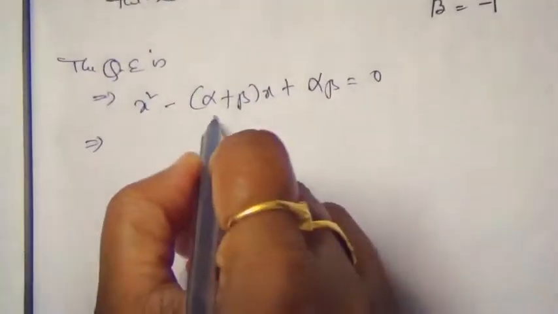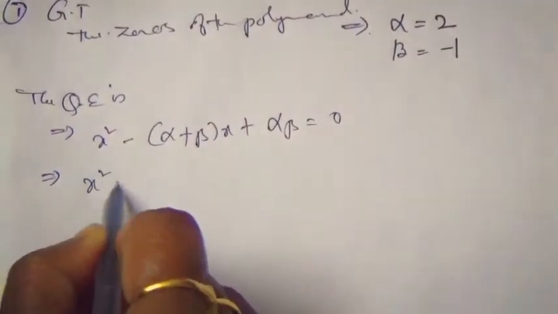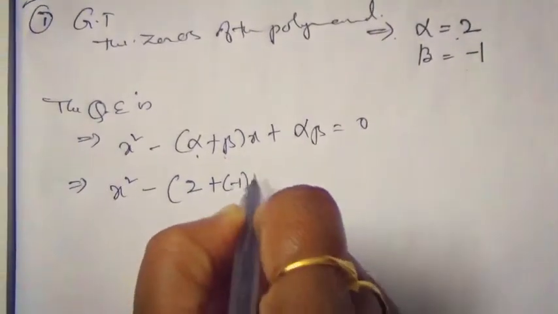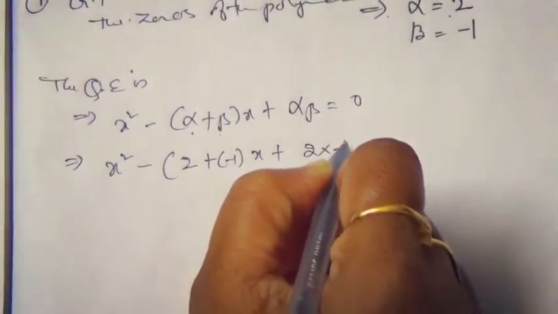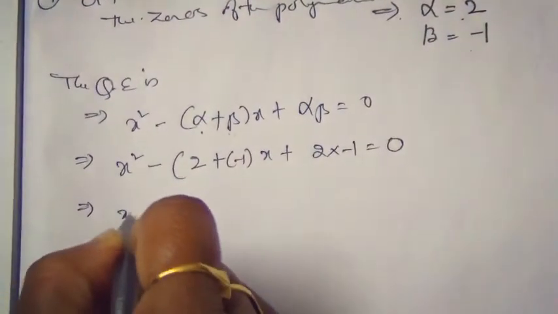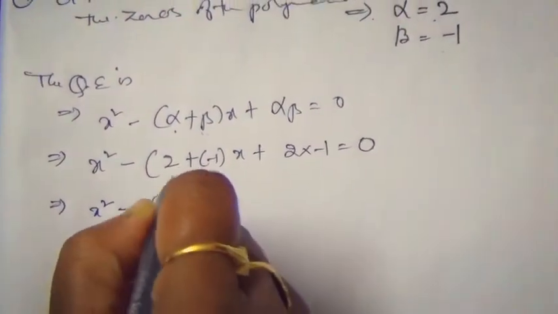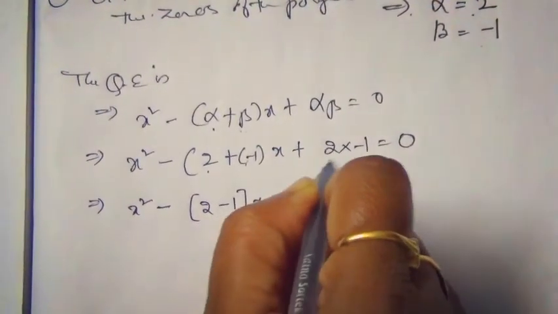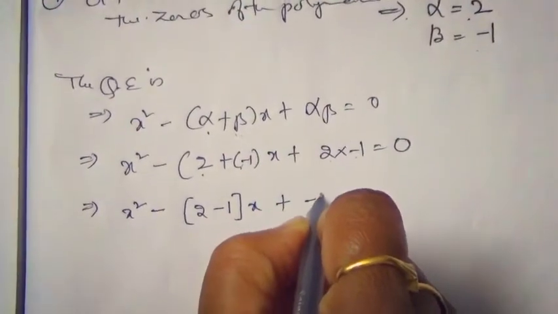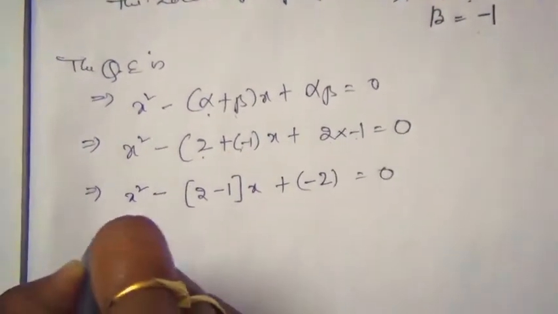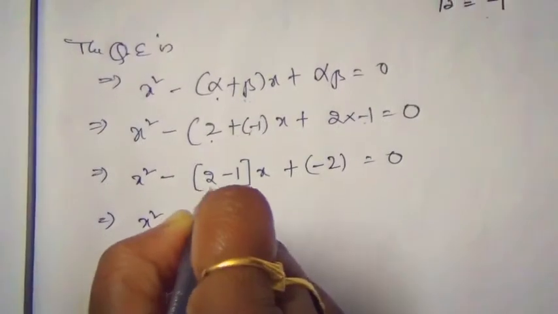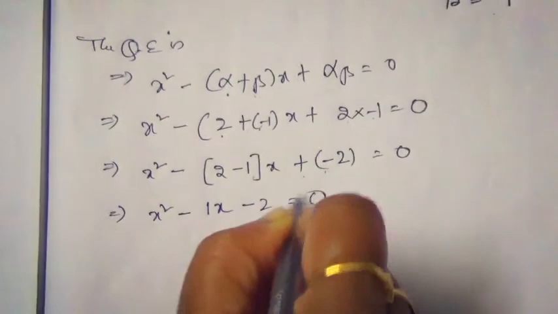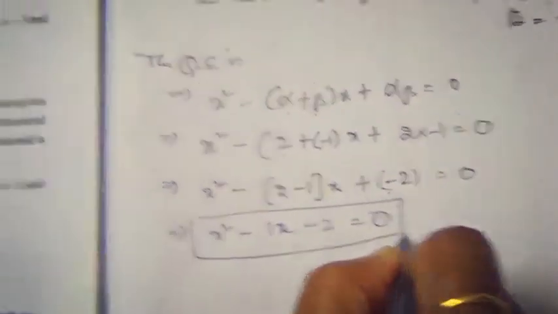We just substitute this alpha and beta from the given. x square minus, what is alpha? 2, plus what is beta? Minus 1, into x plus 2 into minus 1 is equal to 0. That implies x square minus 2 plus of minus 1 into x plus 2 ones minus 2 is equal to 0. That implies x square minus 2 minus 1, 1x plus of minus 2 is equal to 0. It is the quadratic equation.